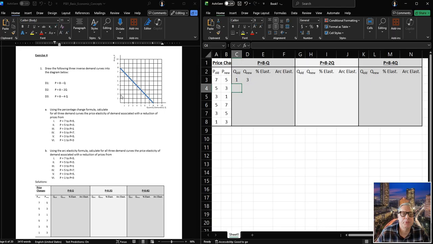Now if we lower the price from 5 to 3, then the old is 3 and the new one is 5. So 3 to 5. Now we lower it from 3 to 1, so then it goes from 5 to 7.